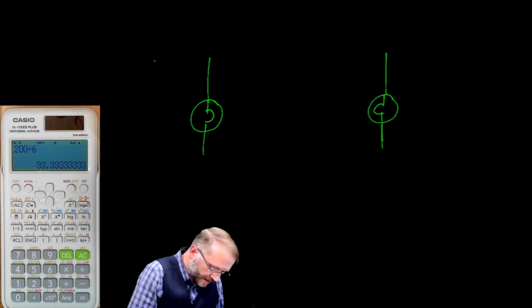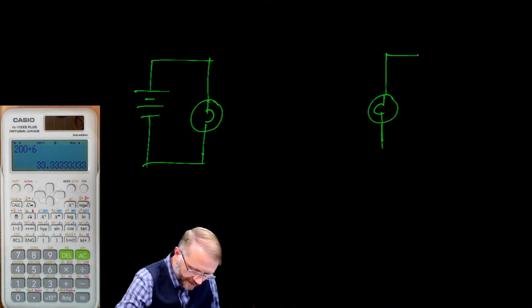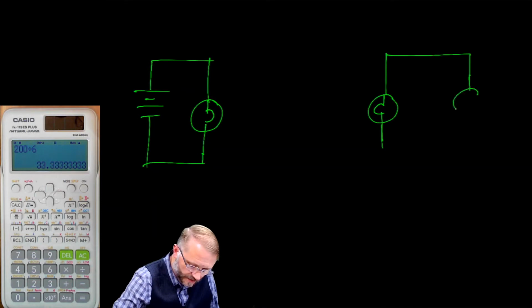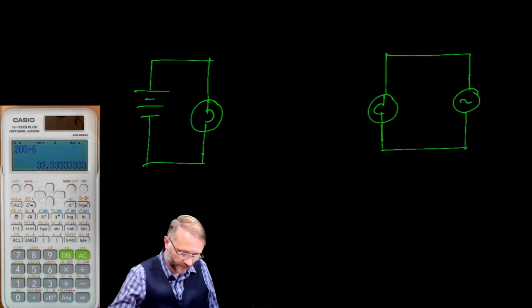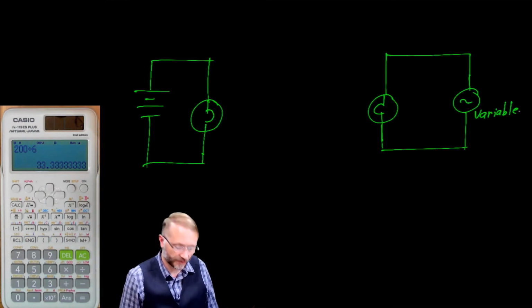Now, this light bulb is connected to a DC source, and we'll let this light bulb be connected to an AC source. And we'll let this be variable, so we can change the AC voltage at will.